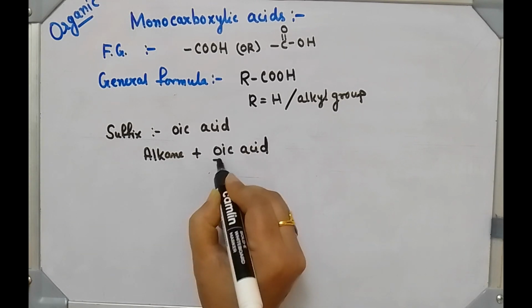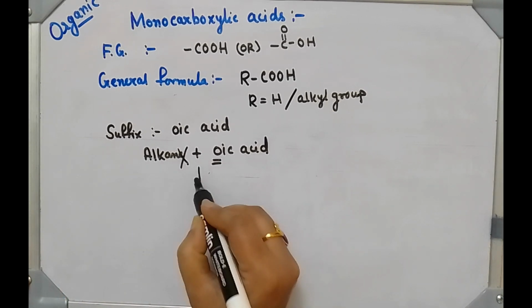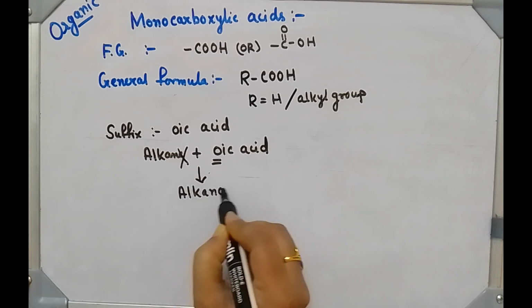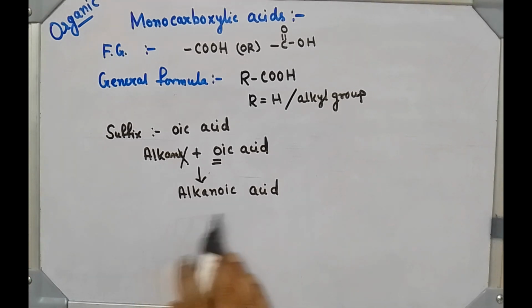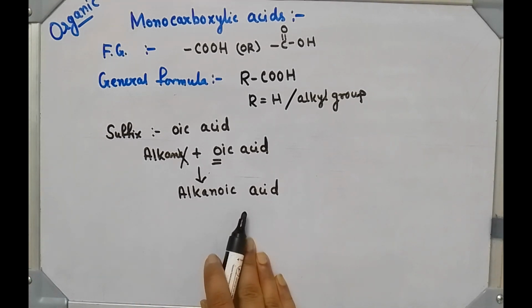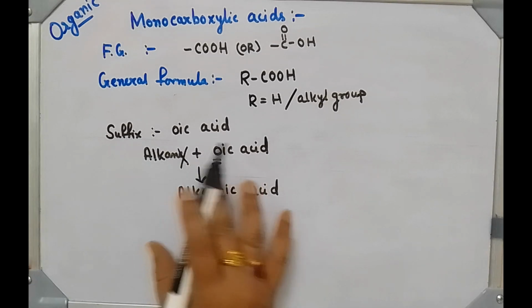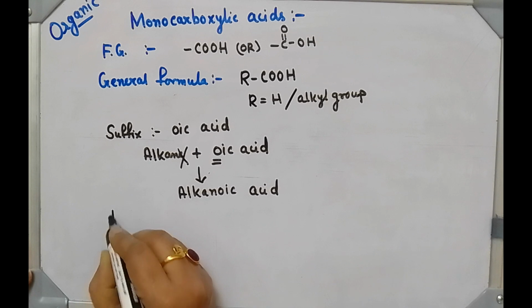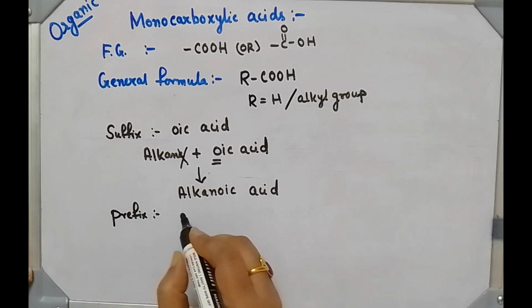Since it starts with O, you have to drop this E, so it becomes alkanoic acid. So monocarboxylic acids are also called alkanoic acids. If it comes as a secondary functional group, that means a substituent, then you add a prefix. Which prefix? Carboxy.